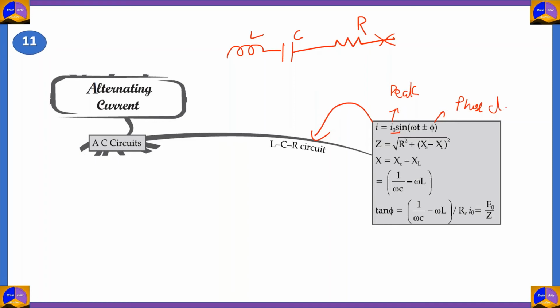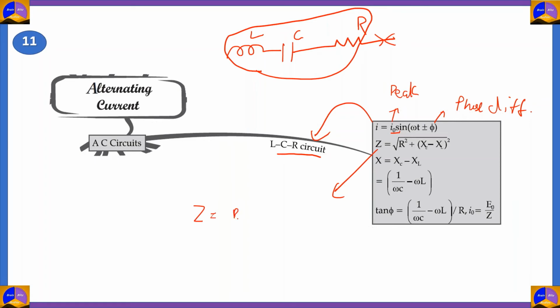Since we're in an LCR series circuit, we need to find out the total hindrance produced by the inductor, the capacitor, and the resistor combined. So what we get is Z is equal to the root of R square plus XC minus XL the whole square.